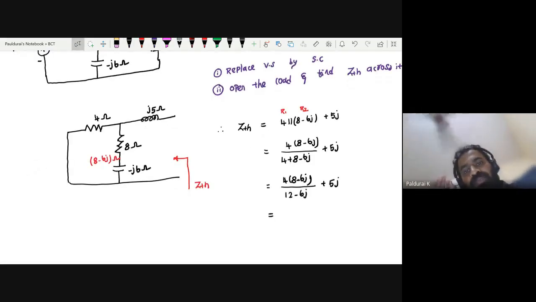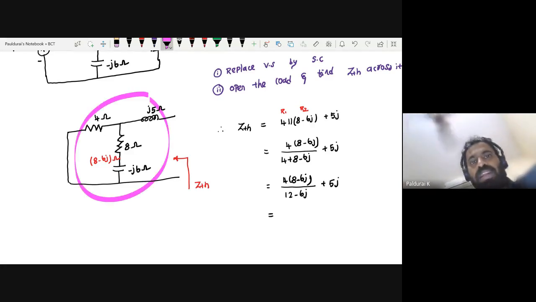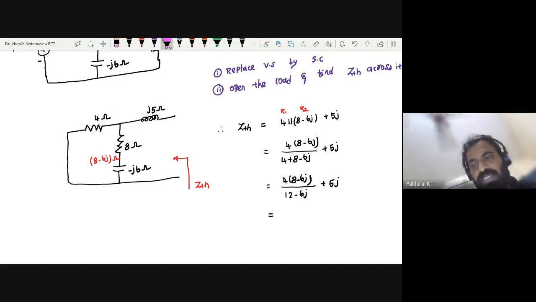Any doubts? It's very simple. Replace the voltage source by a short circuit, open the load. After that, first 4 ohm and 8 minus j6 are connected in parallel, so I have written that here. And then j5 in series with this combination. So you know how to calculate the equivalent impedance. Here it is an impedance. So what is this value, anyone?